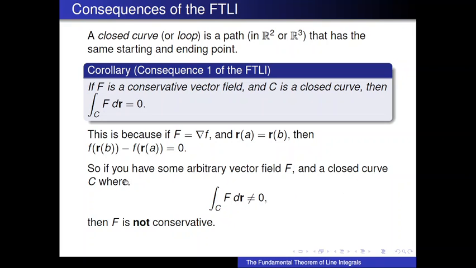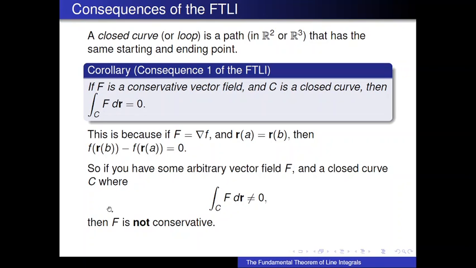All you need to exhibit is a particular closed curve, a loop, along which this vector field integrates to a number that is not 0. Then you will be able to determine that big F, the vector field you started with, is not conservative.